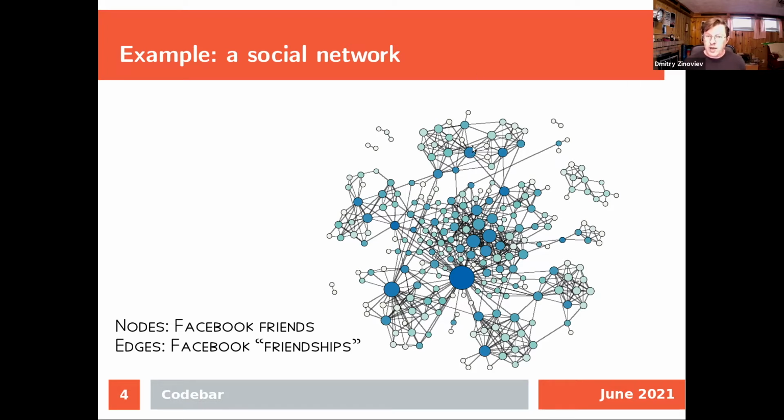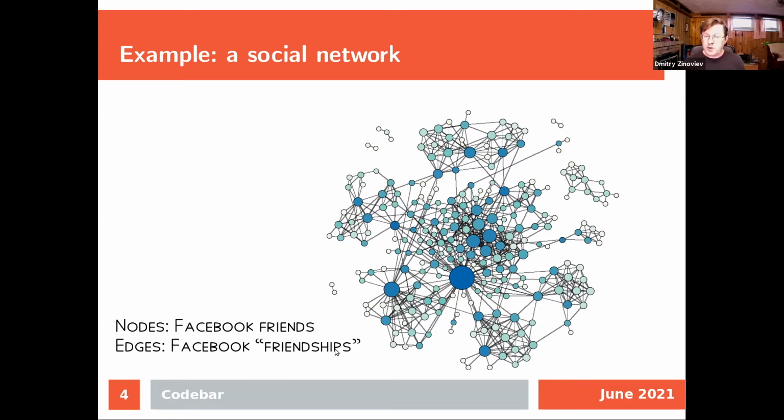Every node, every circle represents a person that I know, and I have very strict rules about my Facebook friends. I only become friends with people who I think are really my friends to some extent. And an edge connects two nodes if these two people are also self-declared, self-described friends. So nodes represent people and edges represent friendships.